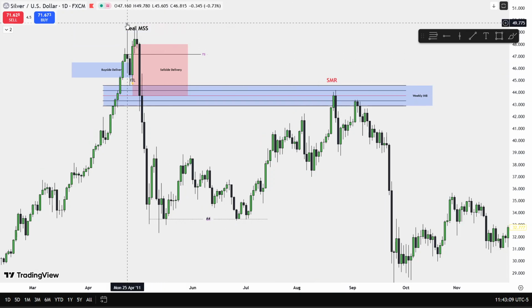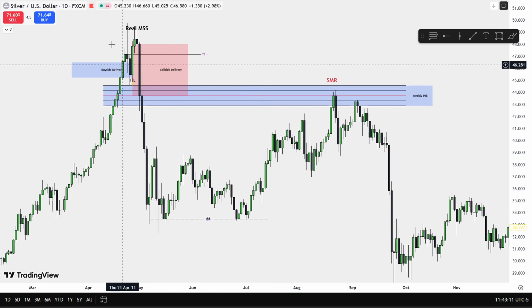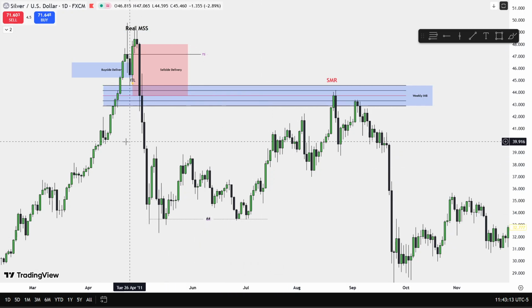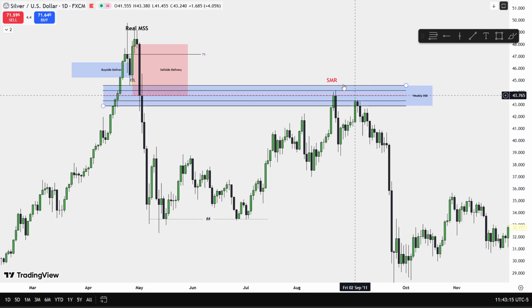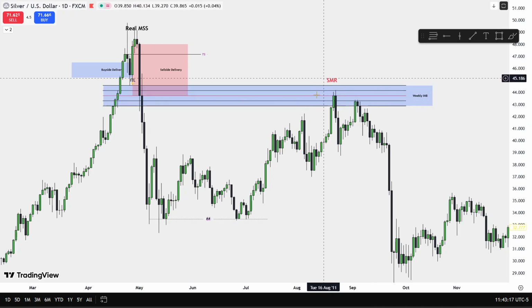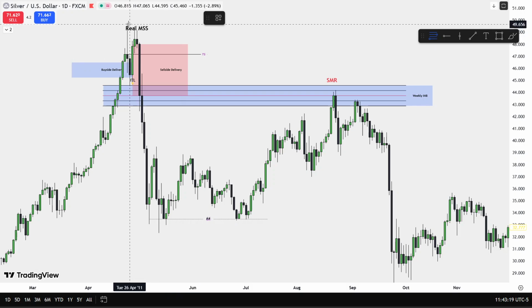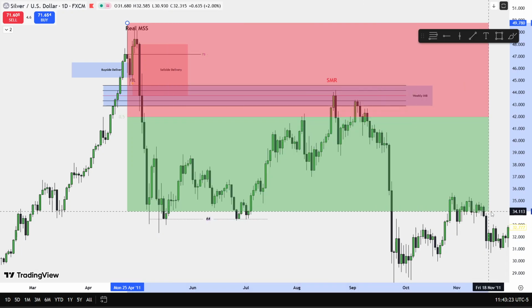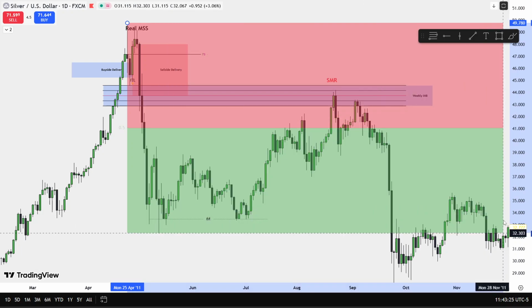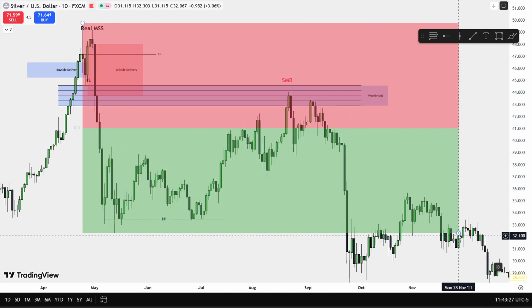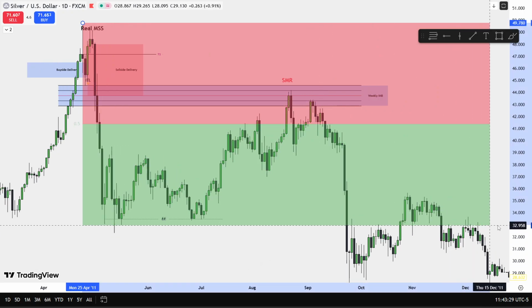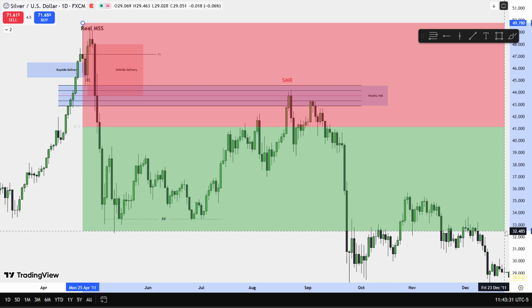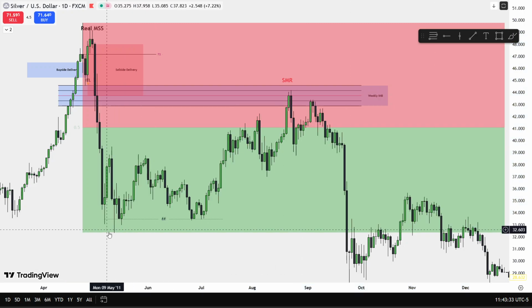So if I draw premium discount from this high to this low, right here is the 50%, right here is the extreme premium. Let's do that now. High to low. This low.